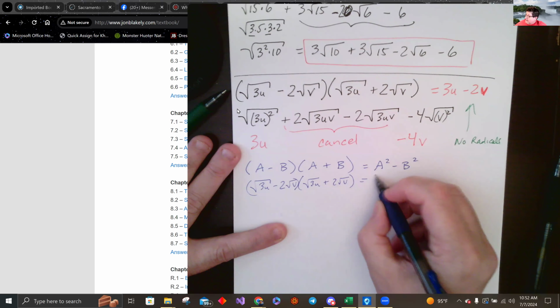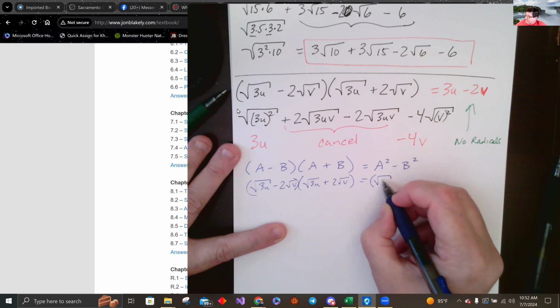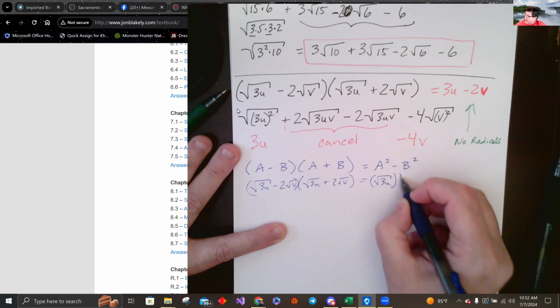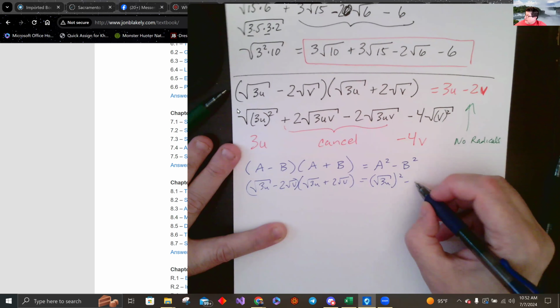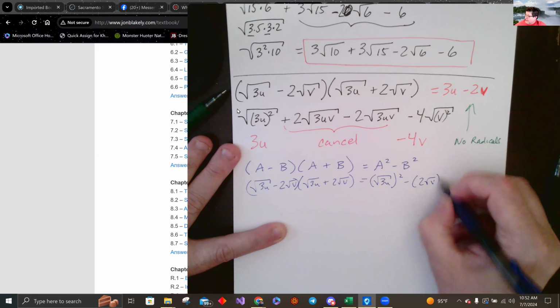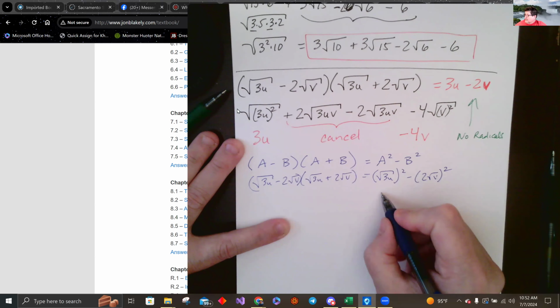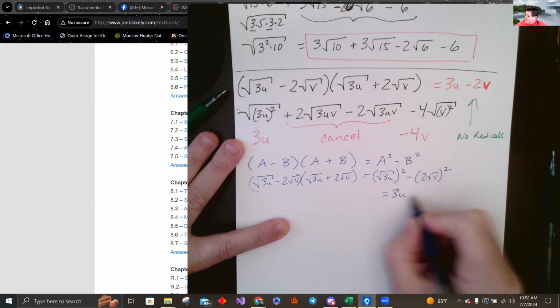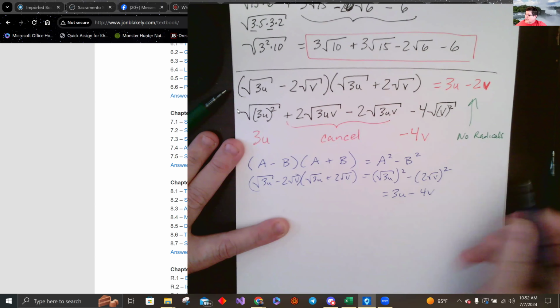I get square root of 3u squared minus 2 square root of v squared. This is 3u minus 4v.